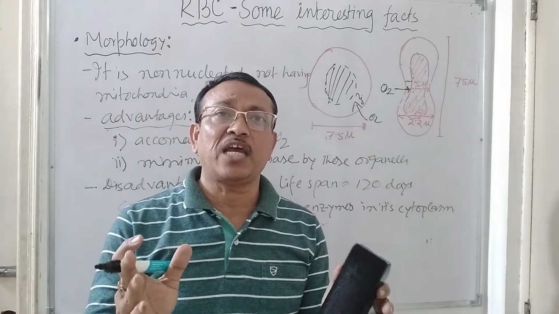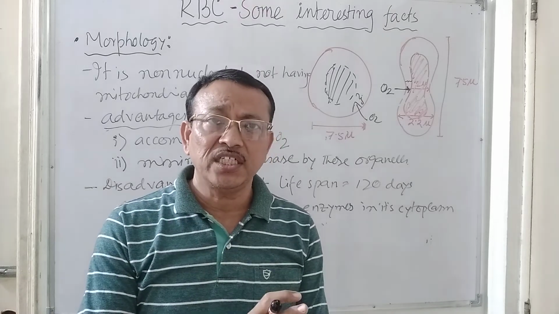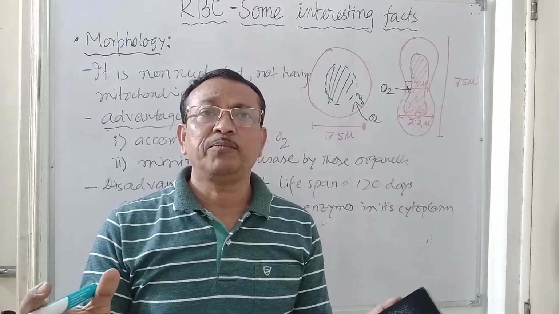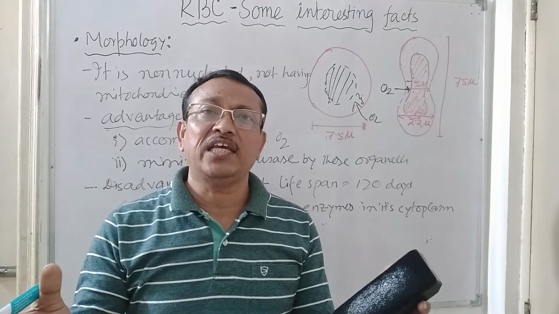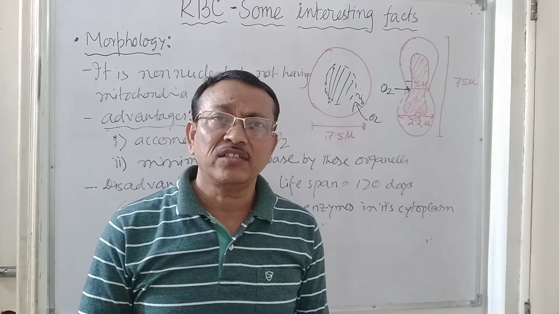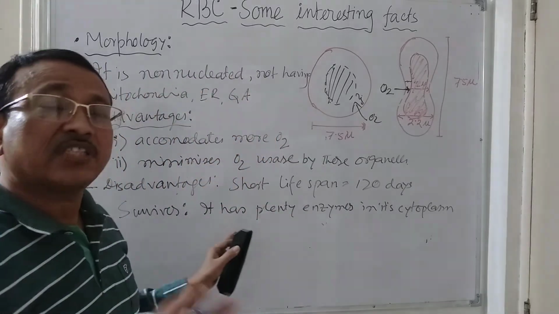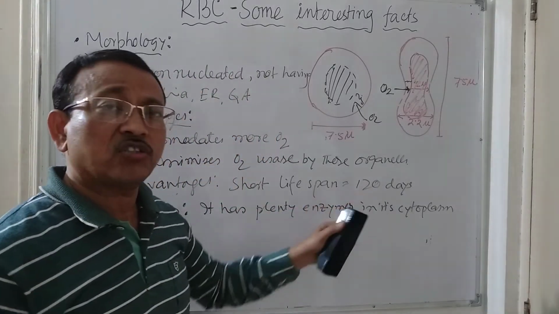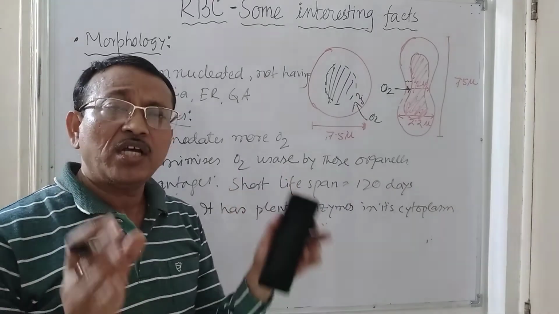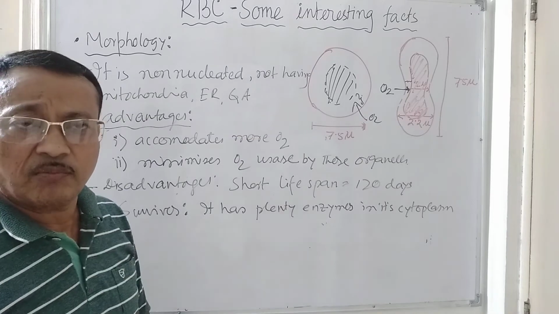As soon as these enzymes are exhausted, what happens? The RBC will become fragile and will be damaged and destroyed. So this is how the RBC survives for 120 days, because of the stored enzymes present in the RBC cytoplasm.